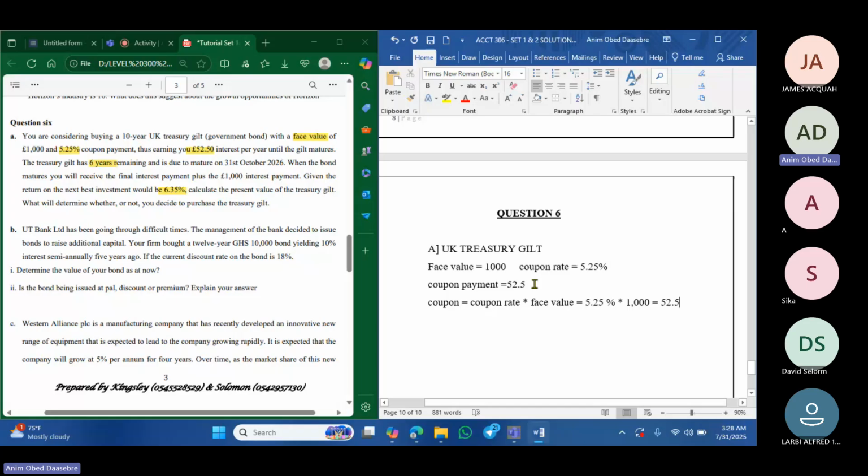So that means the coupon was calculated for us. That's why we are seeing 52.5 there.